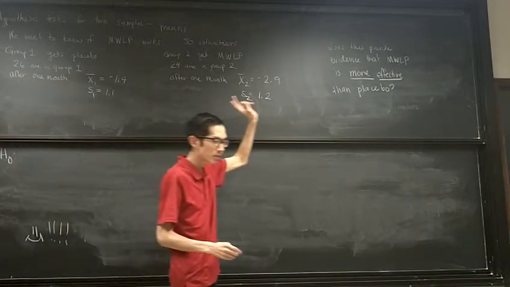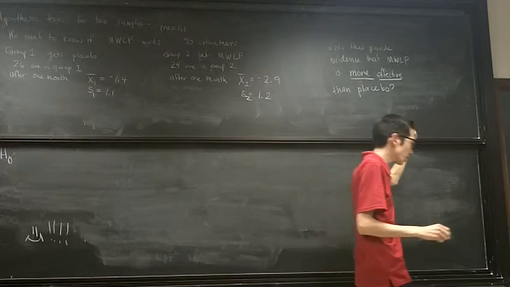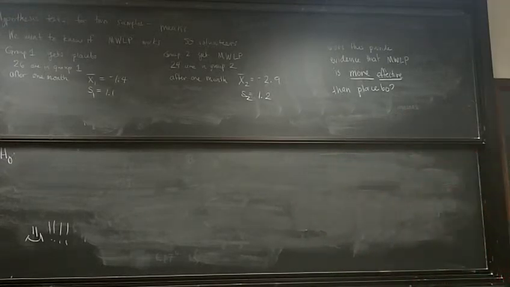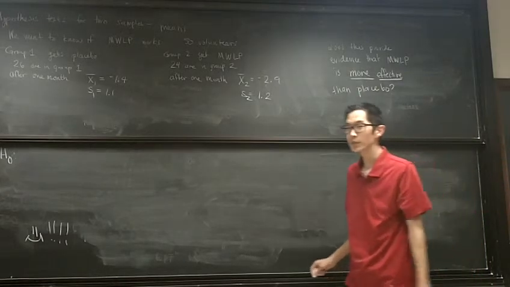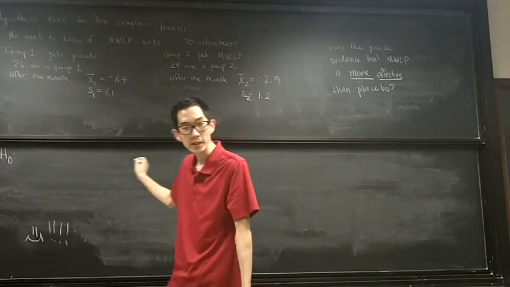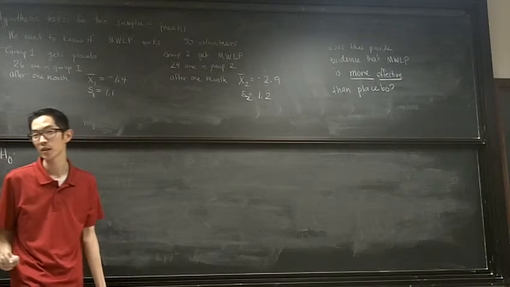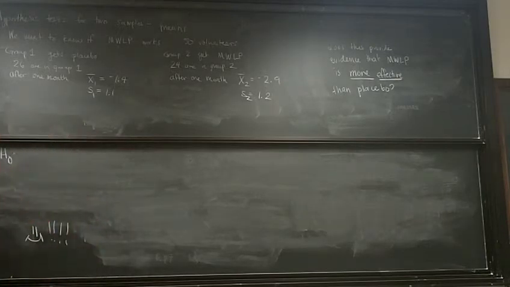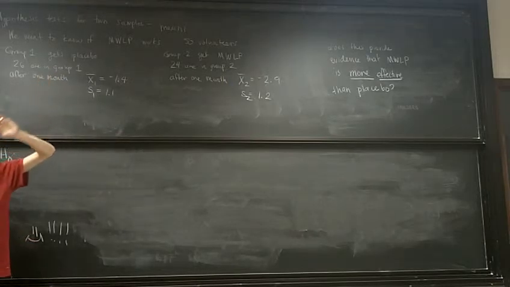Alright, so my null hypothesis, okay? We want to know, is the miracle weight loss pill more effective than the placebo? So my null hypothesis in words would be what? That the weight loss pill and the placebo are equally effective, okay?